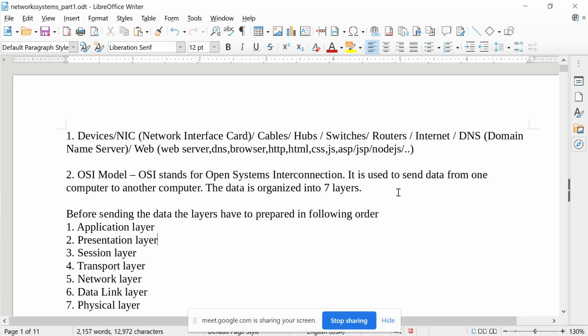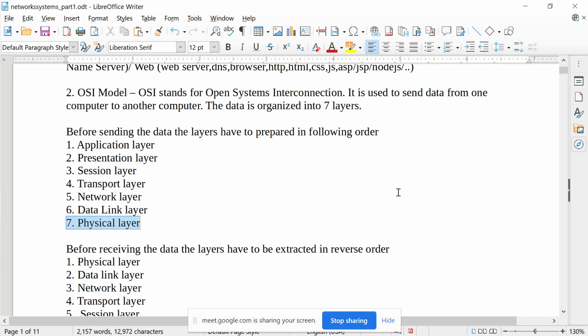And ultimately, at the application level the data looks like software, but somewhere down the line it has to get converted into electrical signals. Your cables are nothing but electrical signals, right?